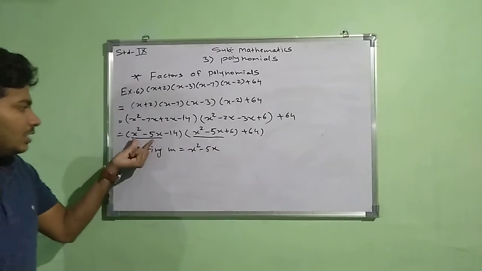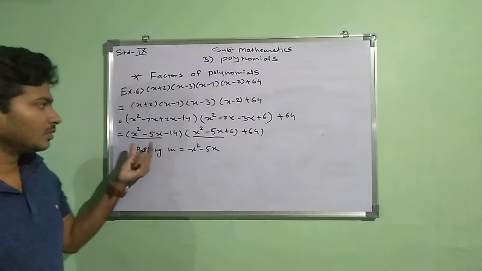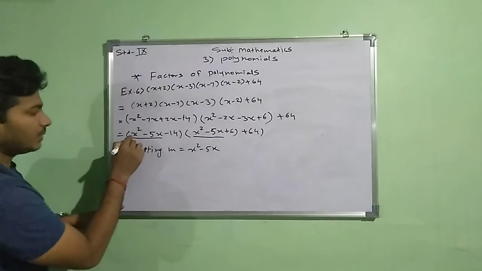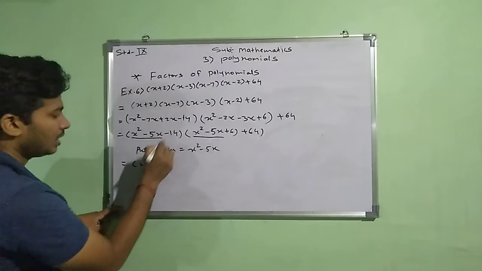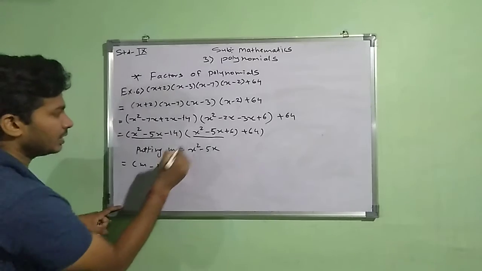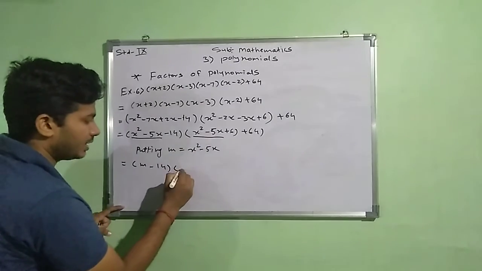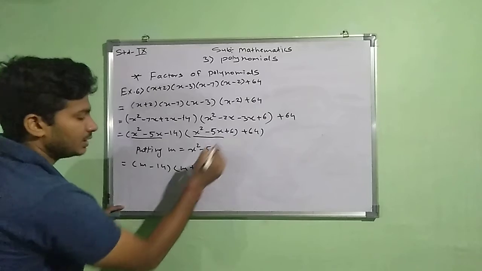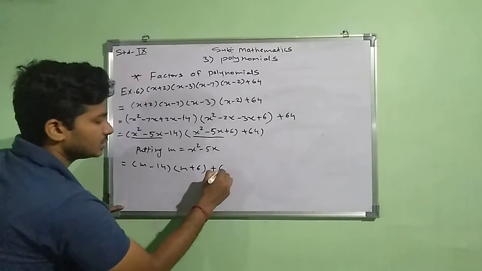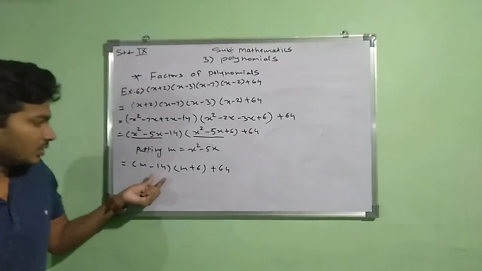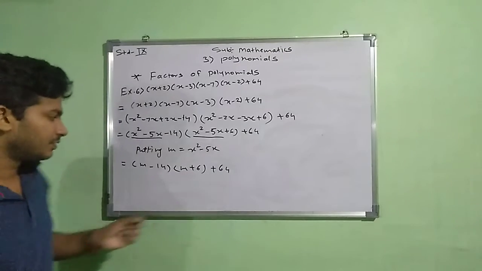We are taking the value of x square minus 5x as m, and why we are doing that substitution you will come to know. So instead of x square minus 5x we will write m, minus 14 will remain, and in the second bracket in place of x square minus 5x we will write m again, plus 6, plus 64, that means the last term. So here we got m minus 14 and m plus 6 plus 64.